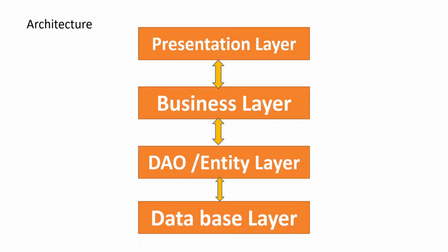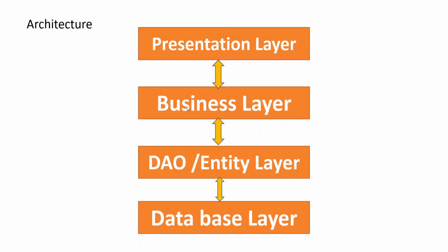It also authenticates whatever credentials the user is providing, and it will transfer them to the subsequent layer, like the business layer, to go and validate whether the user is providing the proper credentials or not. All these things are achieved from the presentation layer.